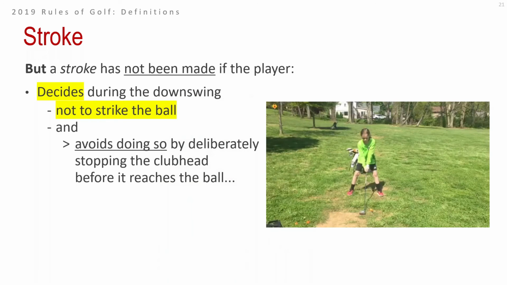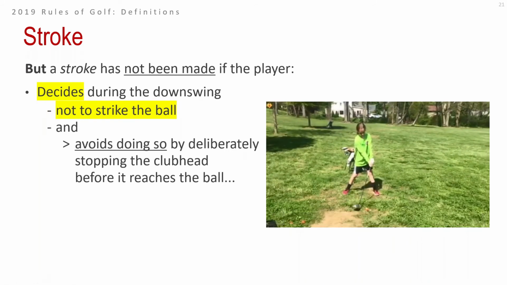But a stroke has not been made if the player decides during the downswing not to strike the golf ball. Tiger Woods is really, really good at this, and he has the uncanny ability to check his downswing when he decides not to strike the ball.